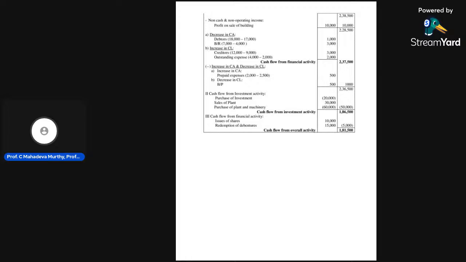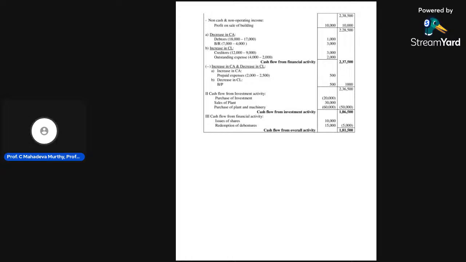Debtors 18,000 minus 17,000, that is 1,000 decrease in current assets. Another asset, bills receivable: 2014 7,000, 2015 4,000. Therefore 7,000 minus 4,000 is equal to 3,000.